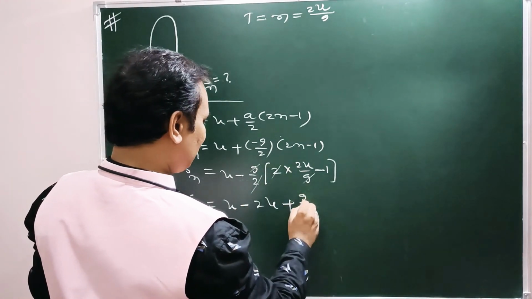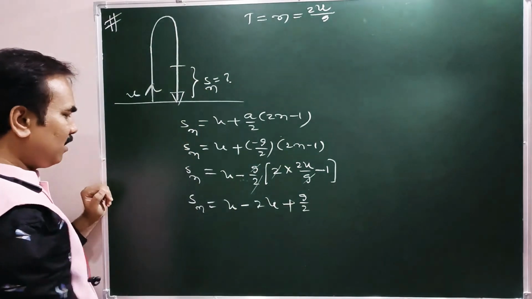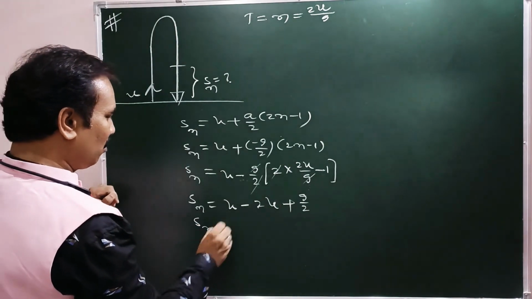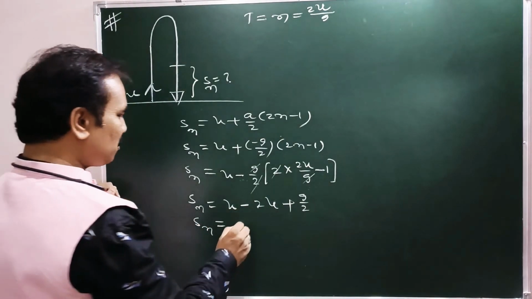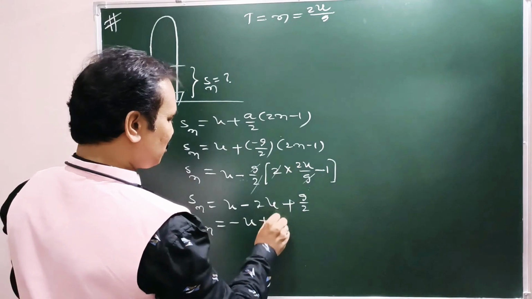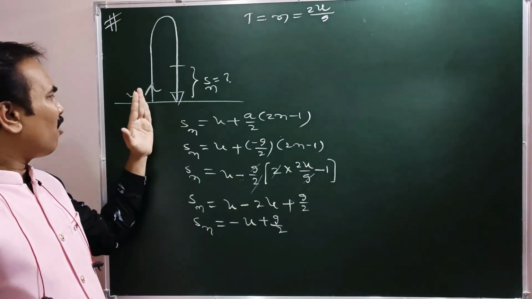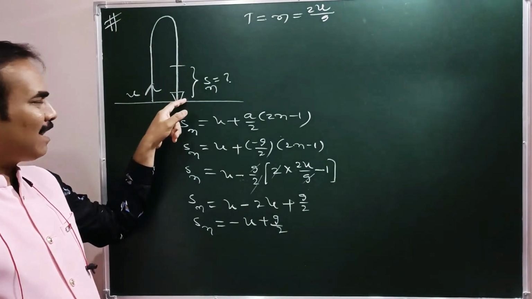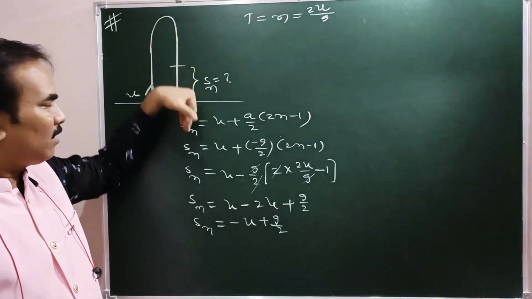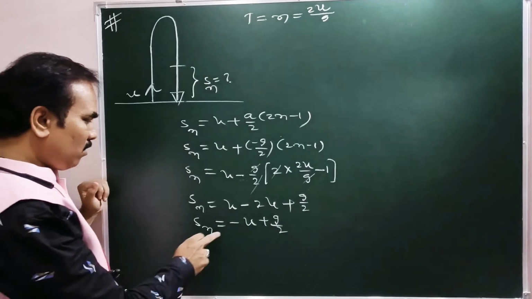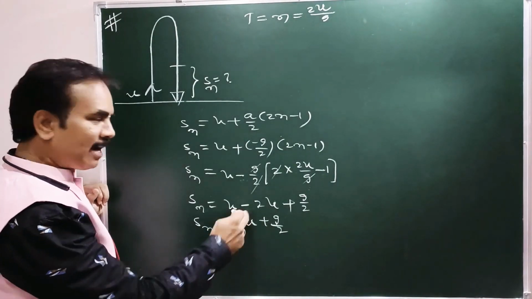That is Sn equals u minus 2u, meaning minus u plus g by 2. Initially the body is moving upwards, but in the last second of the entire motion the body moves downwards, so we should have a negative sign for the entire value.